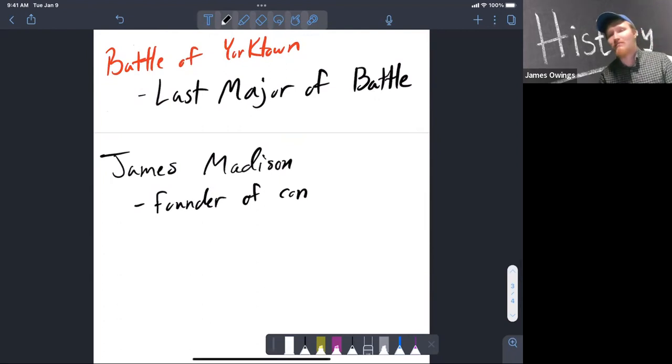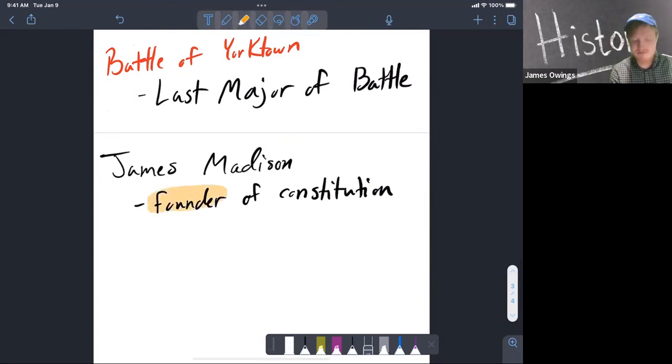He wrote most of it. No one else wrote as much as he did. So what he wrote and established for us is why we give him credit as the founder of the Constitution. If you see a question asking about James Madison, look for Constitution. That's just very bare and simple, and you can't miss it otherwise.